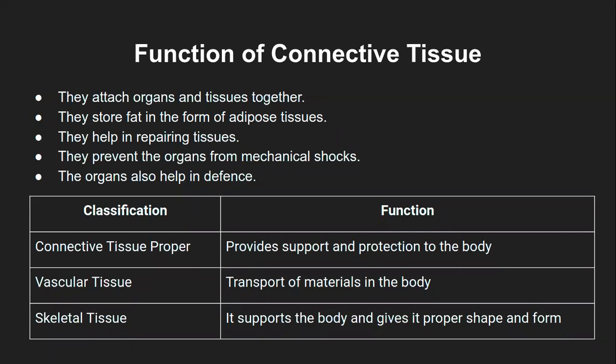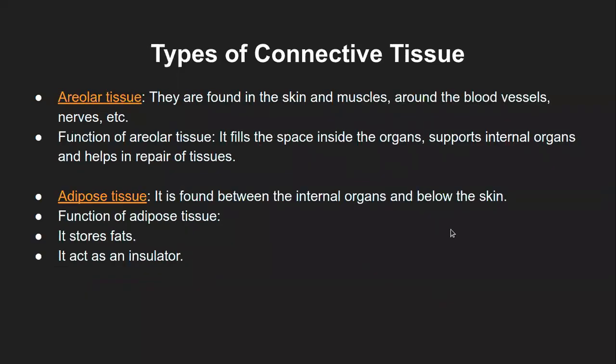And skeletal tissue, again a type of connective tissue, but you will have skeletal tissue in the muscular tissue as well, so not to get confused there. The skeletal tissue supports the body and gives it a proper shape and form. So that is the different example based on the function of the connective tissue.